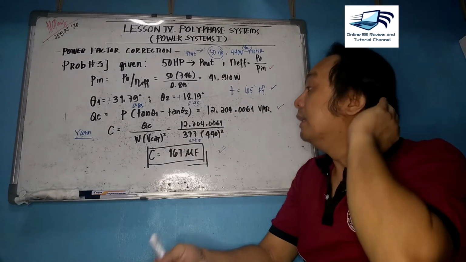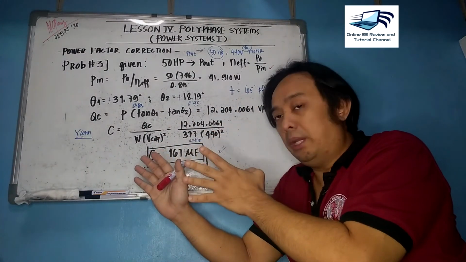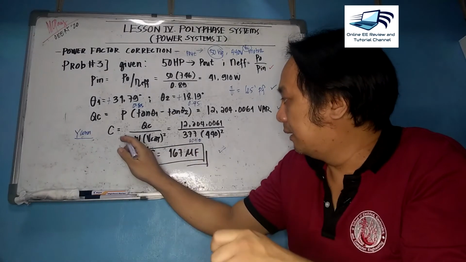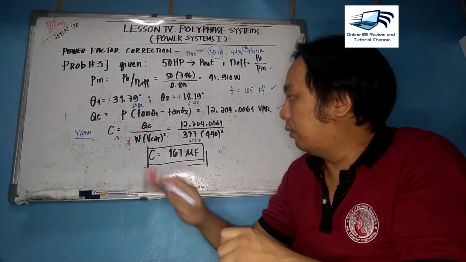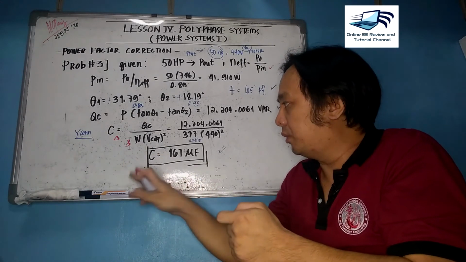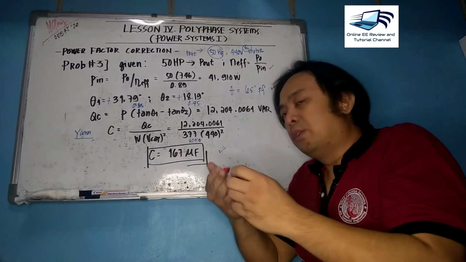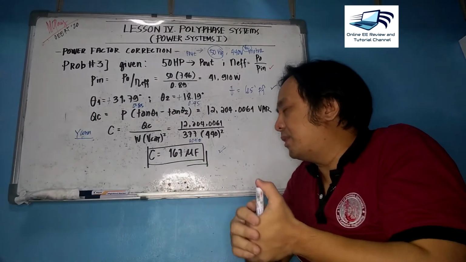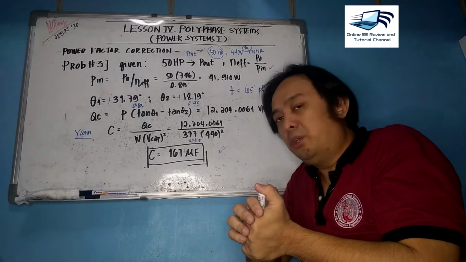And thus, we can now get C. Now, the connection is a Y connection. So, if that is delta, for example, you have a 3 here. But on our problem, we have Y connection. So, CY, or Y connected capacitor per phase, is QC all over omega times the line voltage squared.